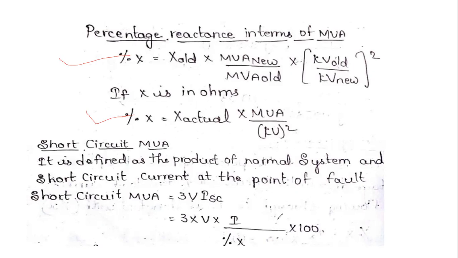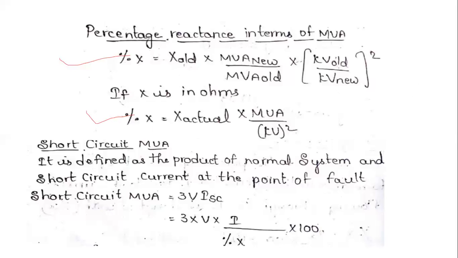It is defined as the product of the normal system voltage and the short circuit current. For a three-phase system, we represent it as 3V into ISC, where V is the applied voltage and ISC is the short circuit current.